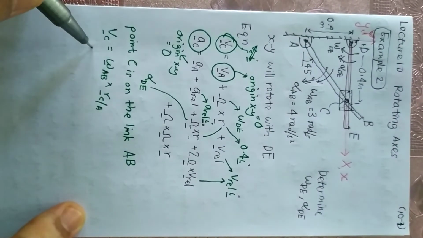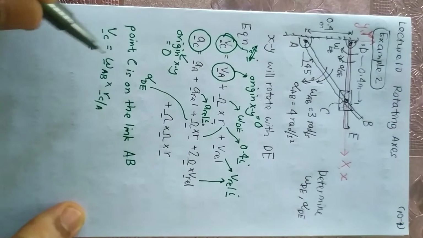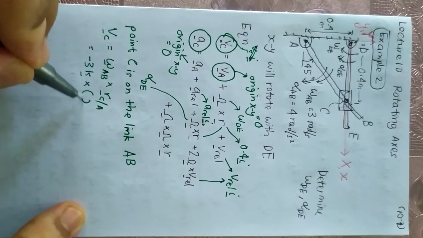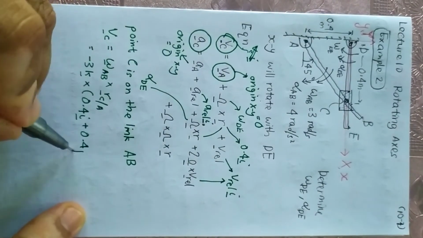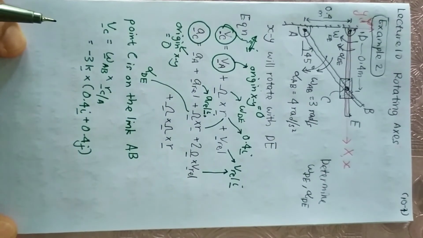So we can say here that, because of the XY system, omega AB is minus 3k cross 0.4i plus 0.4j. So we have the answer for that.